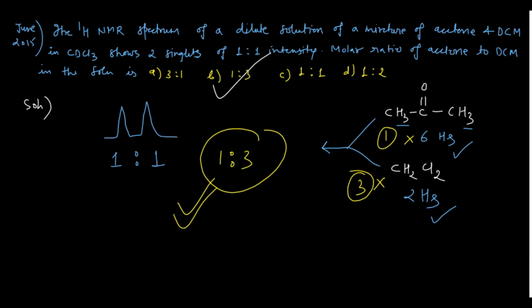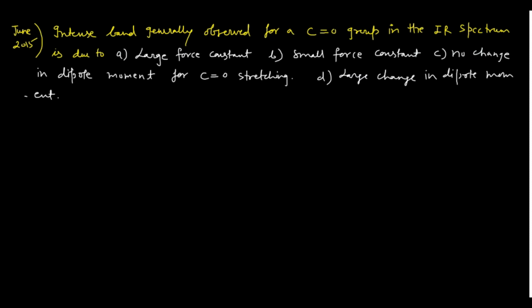Now moving to the next problem. My next problem says that the intense band generally observed for a carbonyl group in the IR spectrum is due to. It's a theoretical question, and for this kind of question you need knowledge of selection rules and the theory of the different spectroscopic techniques.